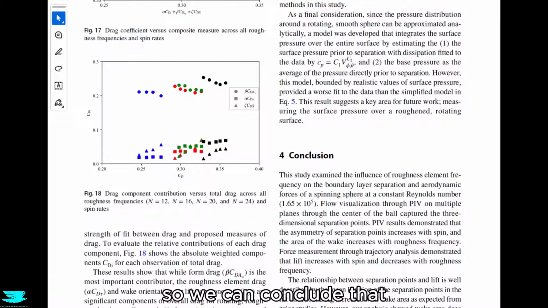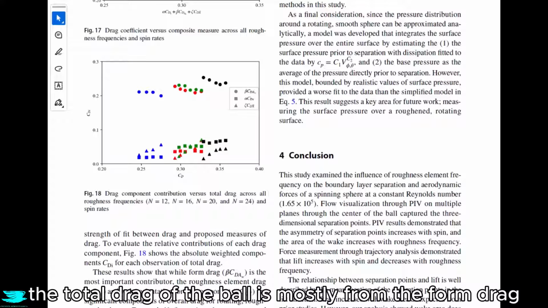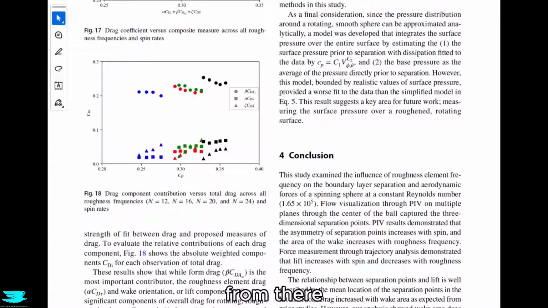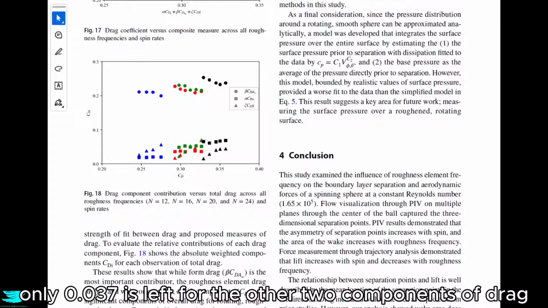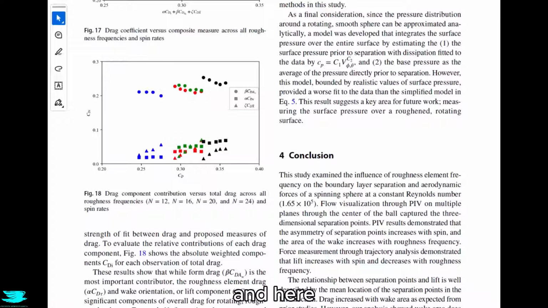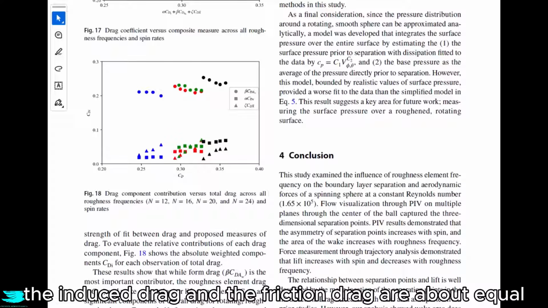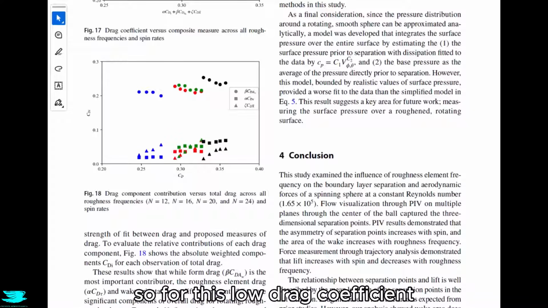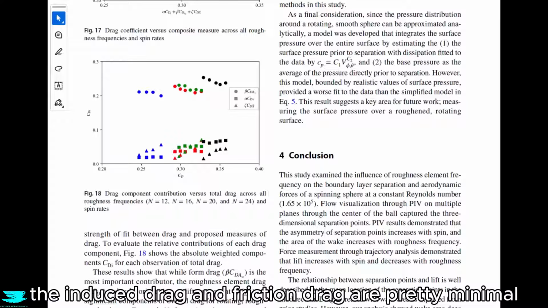So we can conclude that the total drag of the ball is mostly from the form drag or the pressure drag. From there, only 0.037 is left for the other two components of drag, so 37 counts compared to 247 to begin with. And here, the induced drag and the friction drag are about equal. So for this low drag coefficient, the induced drag and friction drag are pretty minimal.